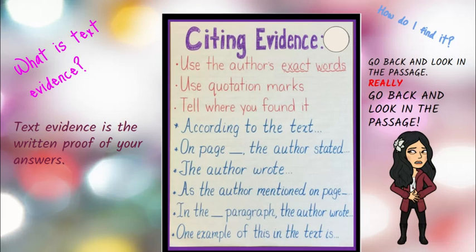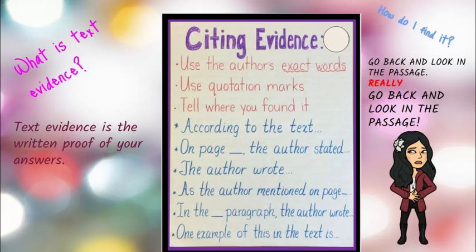So here's a little anchor chart. Some of these things are good for you to write down because when you write, it's important that you reference textual information. So as a writer, these are some things that you should do. Use the exact words of an author when you read their text.